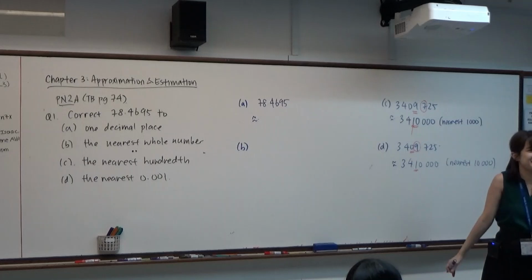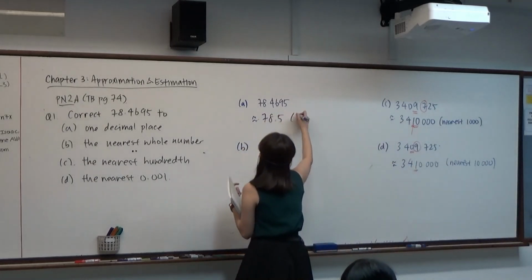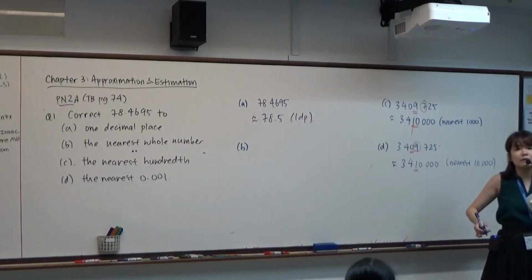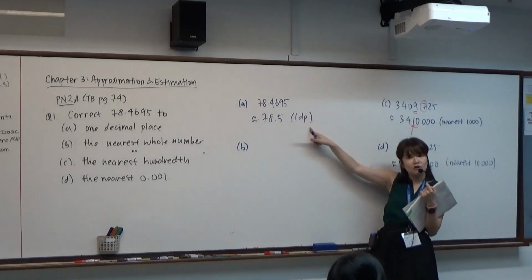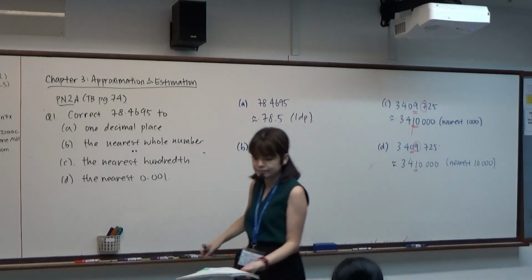Can you give me an assertive answer? 78.5. Do we agree? 78.5. When we round off to one decimal place, we can write in short form, in brackets, 1 dp.